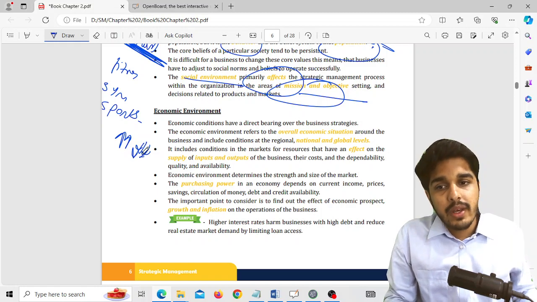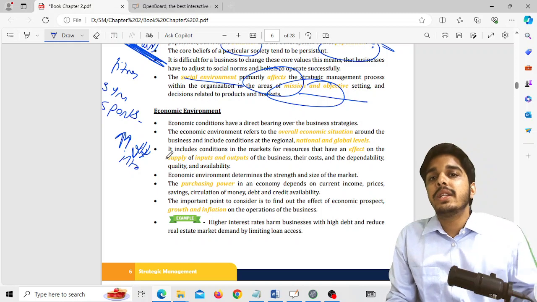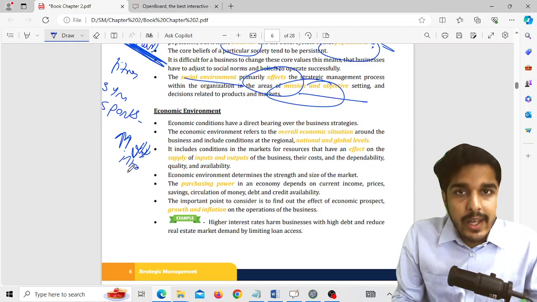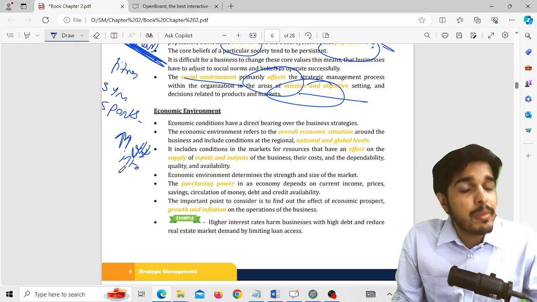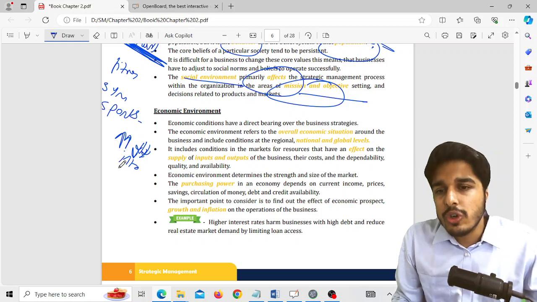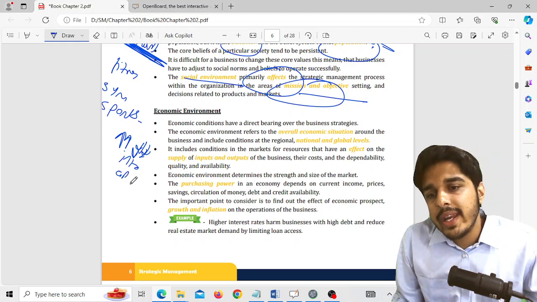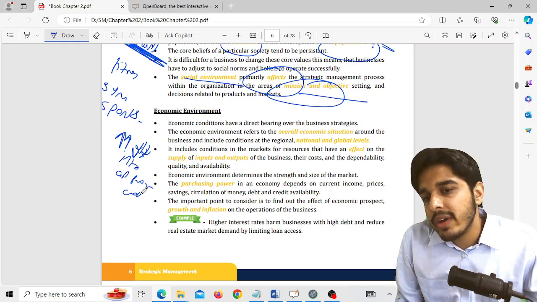For example, if I am Instagram and day by day the conditions of India are degrading, it means people are not having money, their businesses are going down, they are going bankrupt. So it is obvious that they won't approach Instagram for any kind of promotions or advertisement.